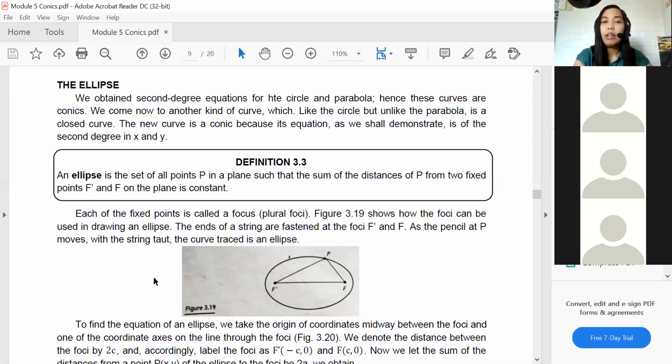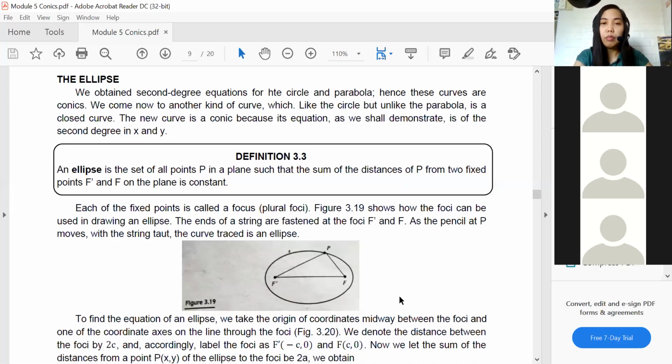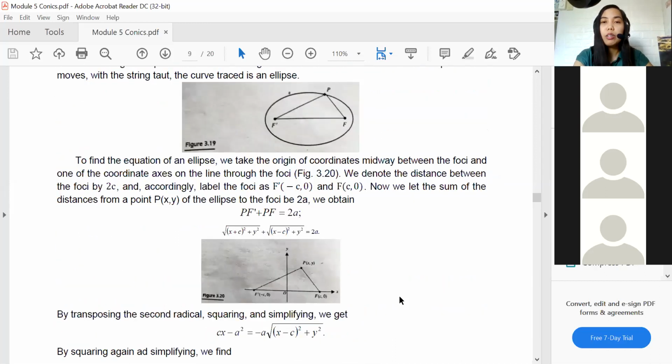To find the equation of an ellipse, we take the origin of coordinates midway between the foci and one of the coordinate axes on the line through the foci. We denote the distance between the foci by 2c. The sum of the distances to the two foci is equal to 2a.